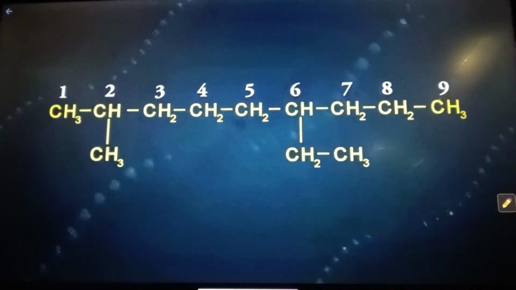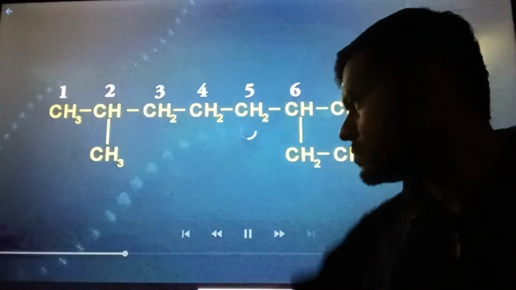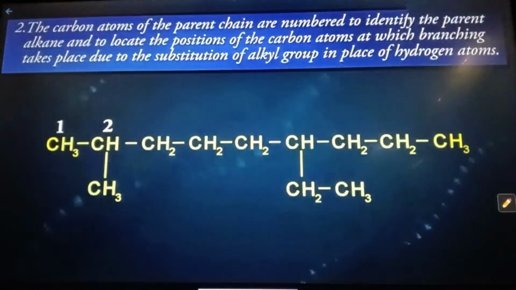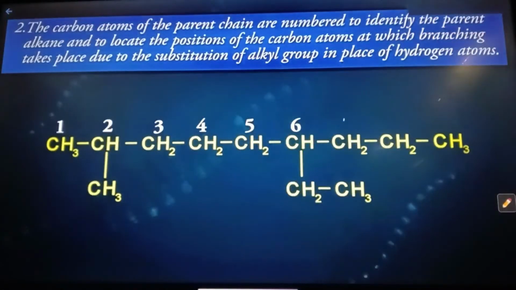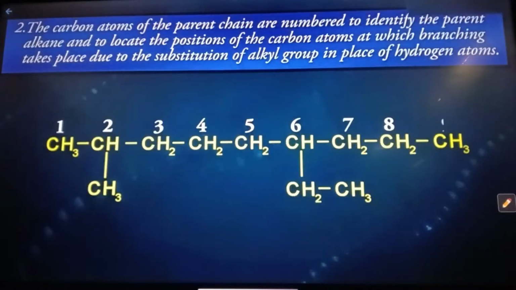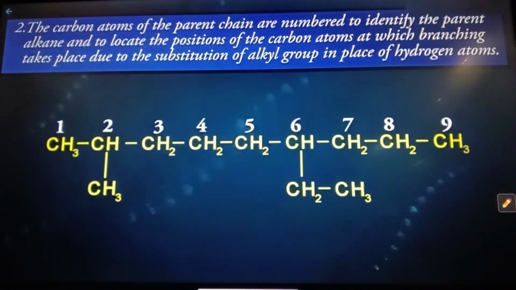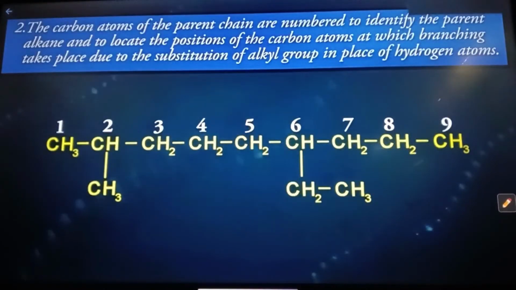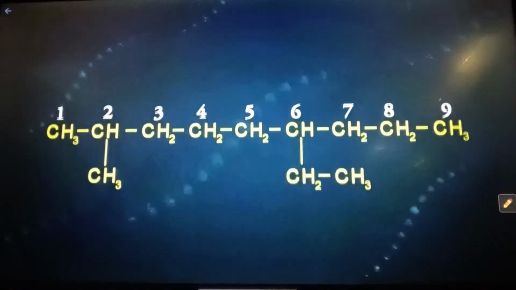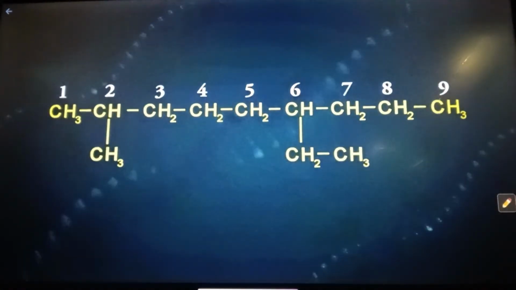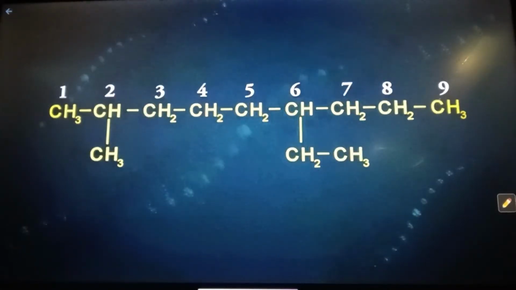The numbering is done in such a way that the branched carbon atoms get the lowest possible numbers.